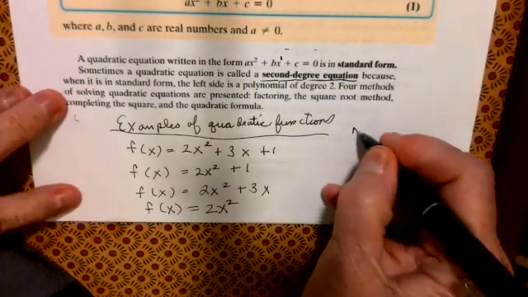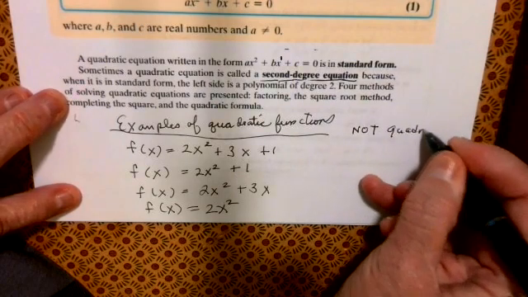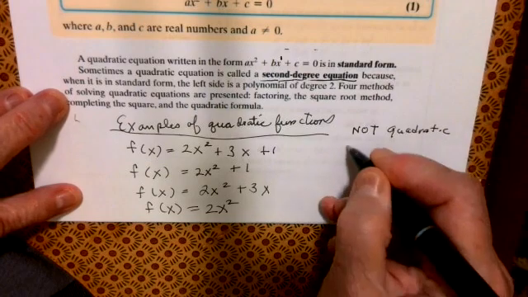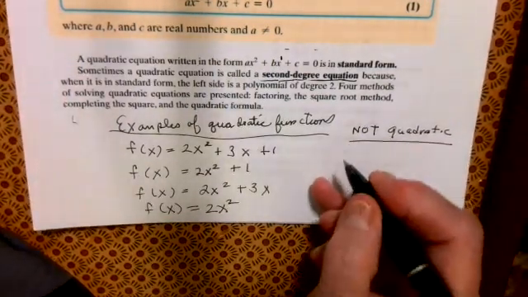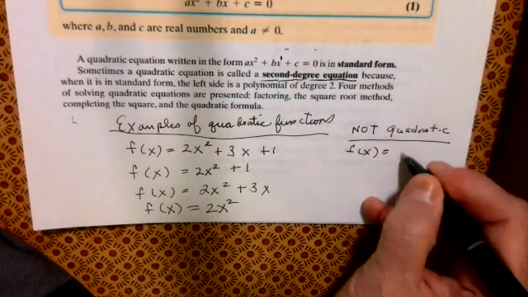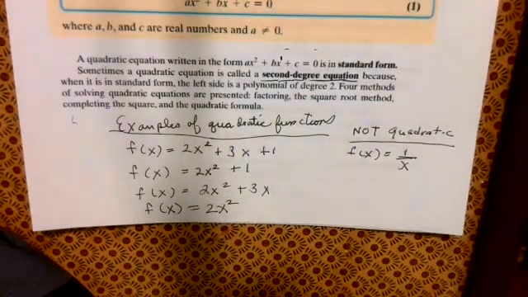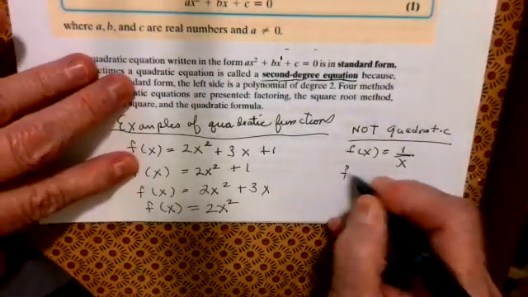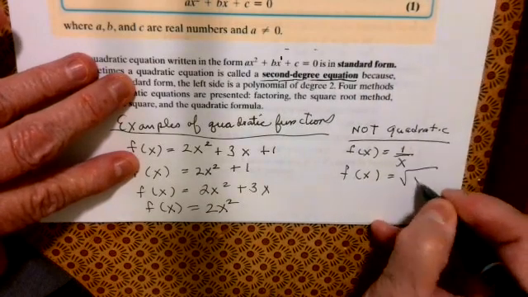Not quadratic would be functions like this. If we've got f(x) = 1/x, we're going to talk about that coming up. That's what's called a rational equation. Or f(x) equals the square root of x.